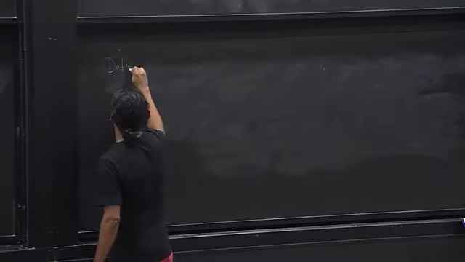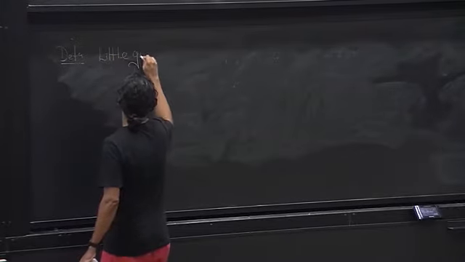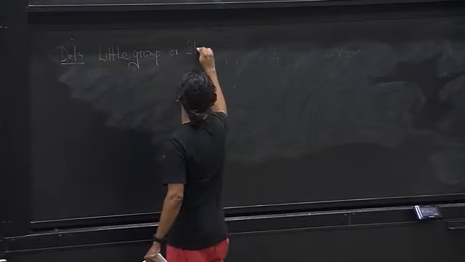So let's look at the definition of a little group, also known as the stabilizer.